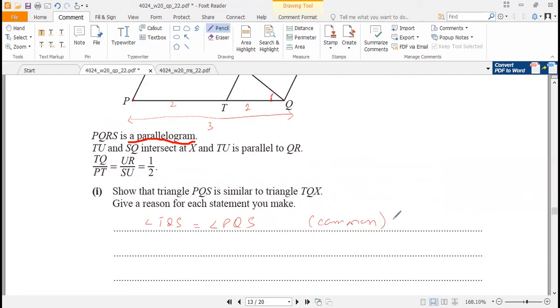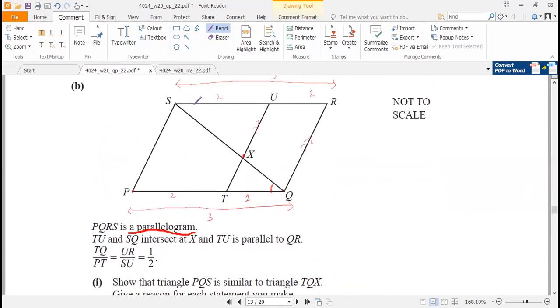Now SPQ, this angle, and XTQ, this angle. As this is a straight line and these two lines are parallel, SP and UP, so we can say that if two lines are parallel and a straight line passes through them, then these two angles are the same.